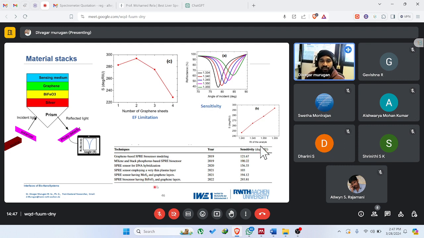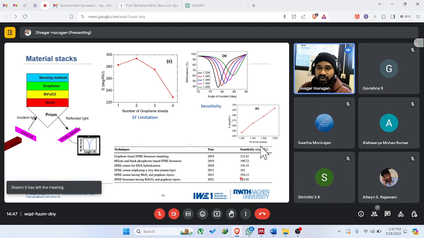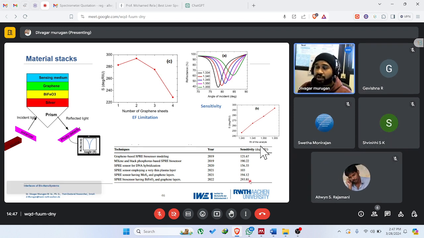However, when they use ferrous oxide and graphene together, a bimaterial, they can achieve a sensitivity of 293.8 degrees per RIU. So it completely depends upon what material you put, what refractive index change it can create, and what the specific interaction is. Depending on this, you will be able to achieve a better sensitivity.